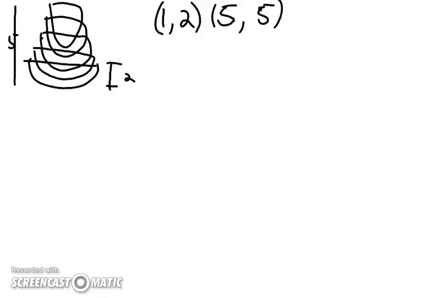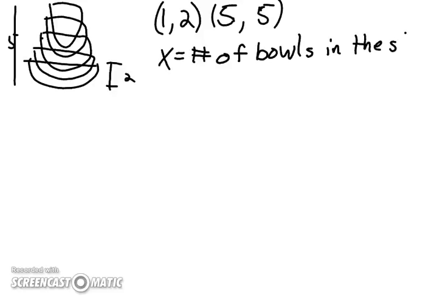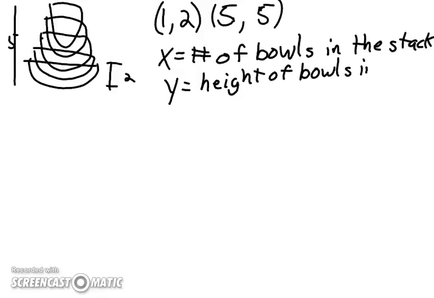Okay, where x is the number of bowls in the stack, and please be specific when you're describing that, and y is the height of the bowls in inches. By the way, that's the answer to part B.